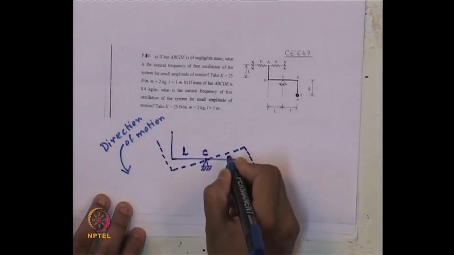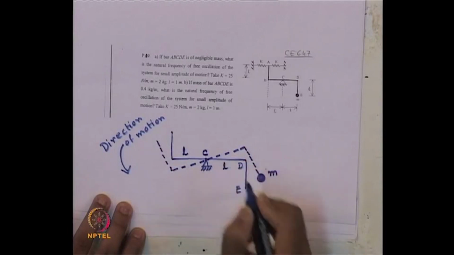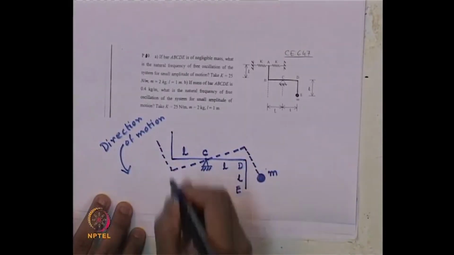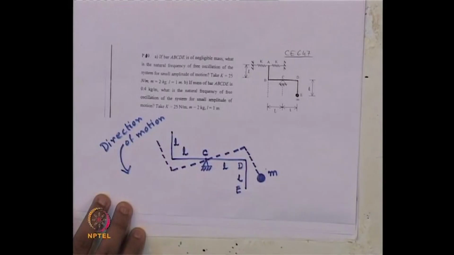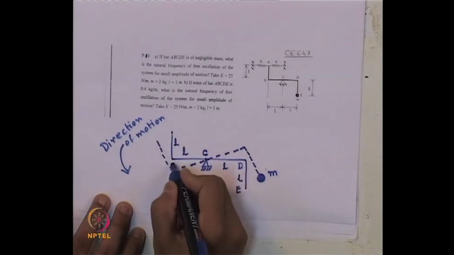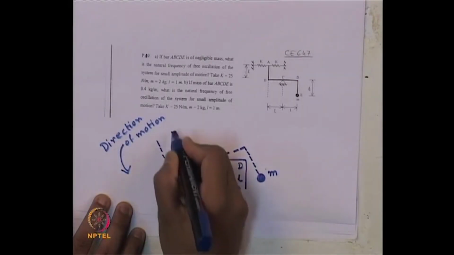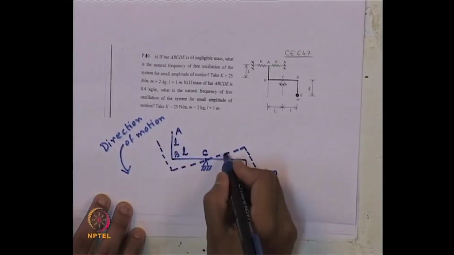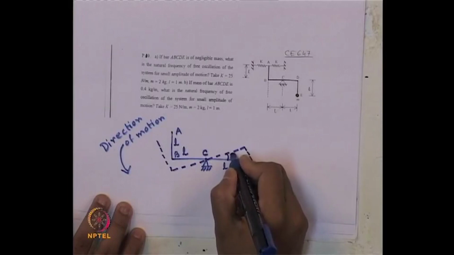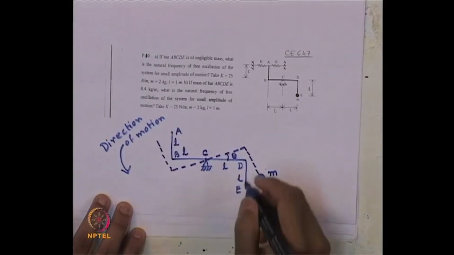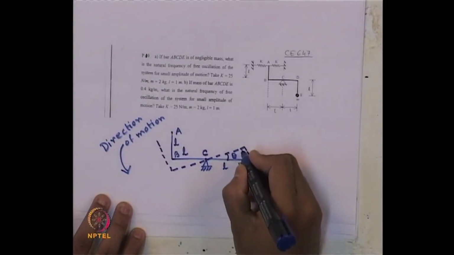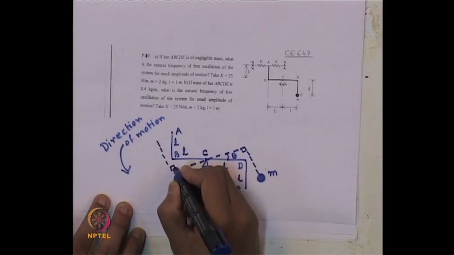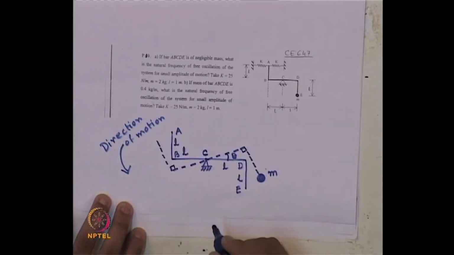Let us denote this arm length was L, this is also L, this length is also L, and this length is also L. This point was point B and this point was point A. For a small rotation, say theta, as this is a rigid bar, it will try to maintain 90 degree at these junctions also.